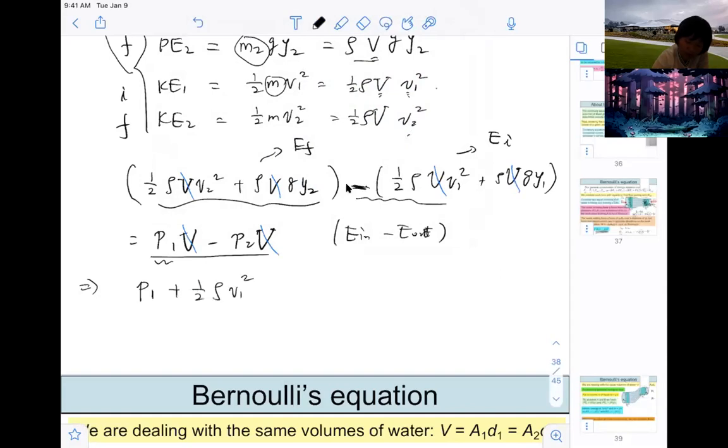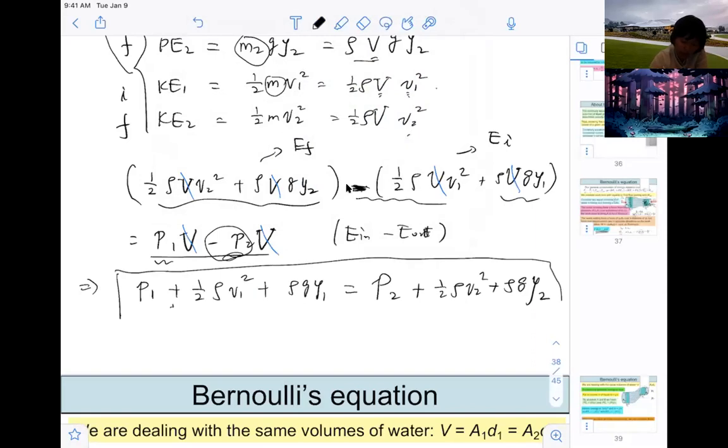Okay, this is a negative, so if you move it to the other side, it's plus. What else? You have plus rho g y1 is equal to P2, moved to the other side, P2 plus 1/2 rho v2 squared plus rho g y2. Okay, so this is Bernoulli's principle.